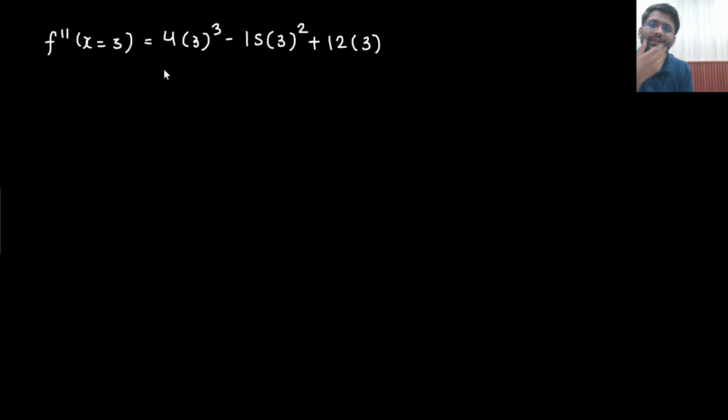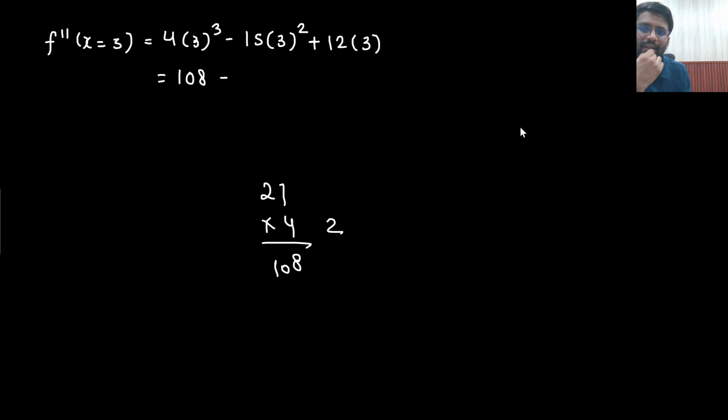What answer are we getting? 3 cube will be 27, and 27 into 4 is 108. 15 into 9 is 135. 108 minus 135 plus 36. So it is coming out to be 9, which is greater than 0. That means it is the point of minima. Okay.